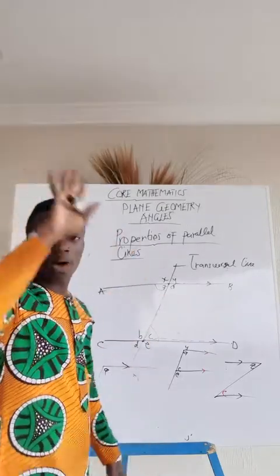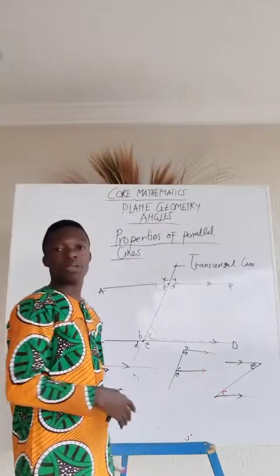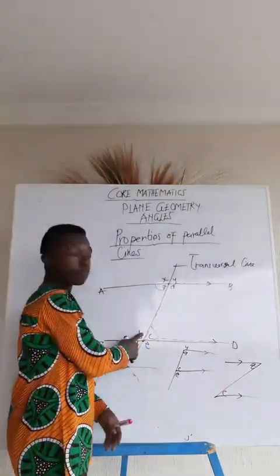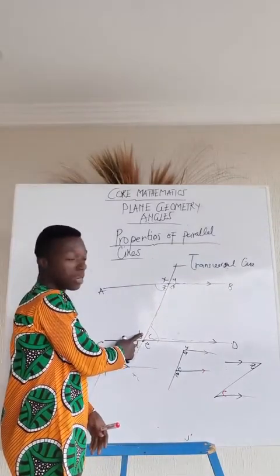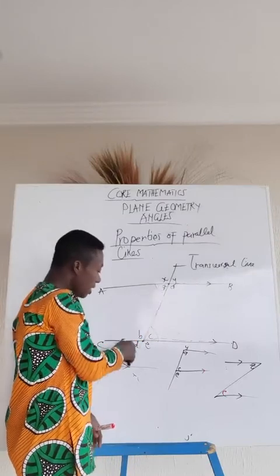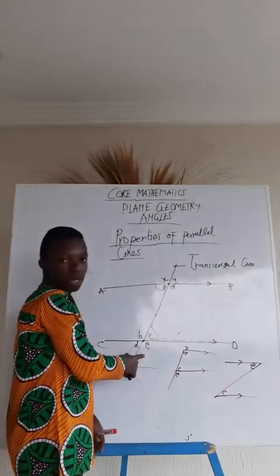So far I'm talking about corresponding angles, co-interior angles, and alternate angles. You clearly see that X and B are corresponding angles, right? Y and C are corresponding angles. Z and D are corresponding angles. A and E are corresponding angles.